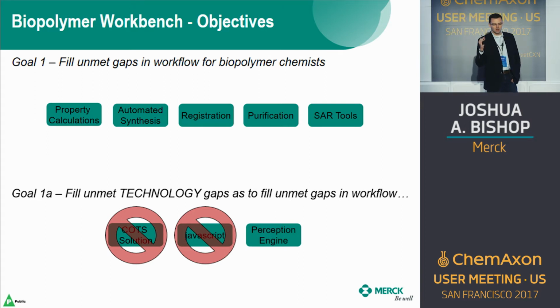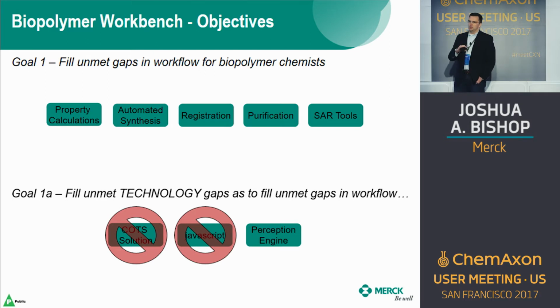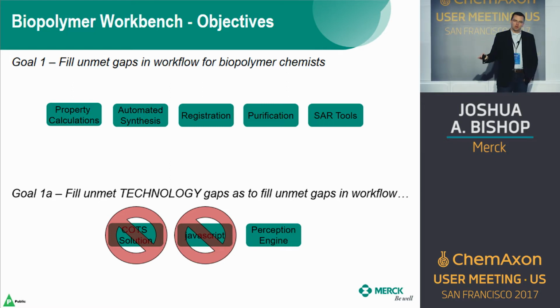As Roland was talking about, you have these structures that chemists are typically working with: macrocycles, peptidomimetics, microproteins, a lot of them drawn out as fully blown out CTAB representation. So we need the ability to go from that to a sequence and then back to a structure as well. And it needs to be seamless for the end user.